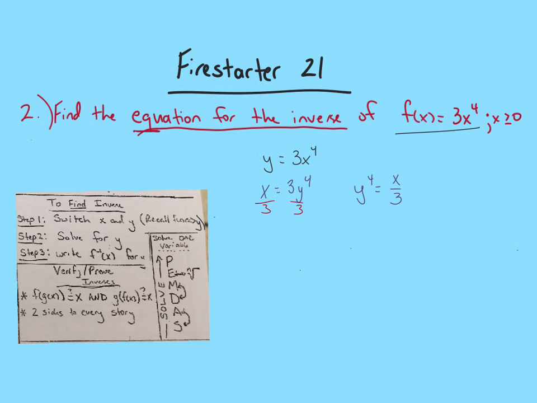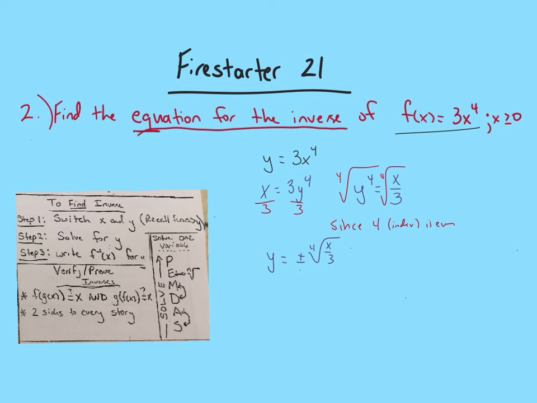Now to get rid of the 4, I have to use the 4th root. And if I do that to one side, I do it to the other side. Since 4, remember that's the index, is even, when I write my answer, I have y equals plus or minus the 4th root of x over 3. So I have to remember plus or minus.